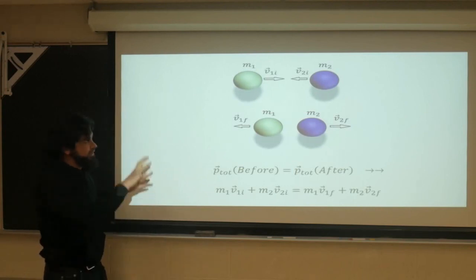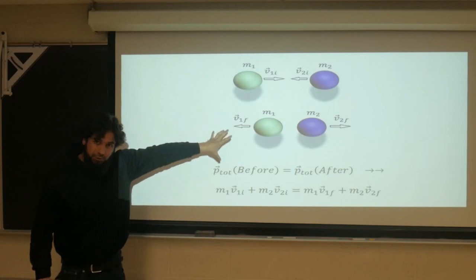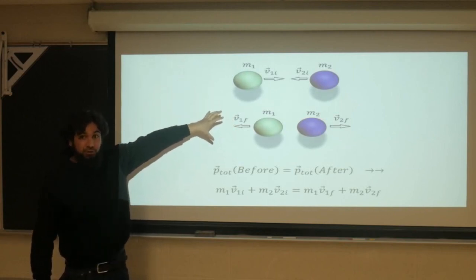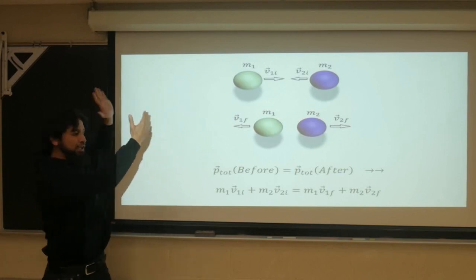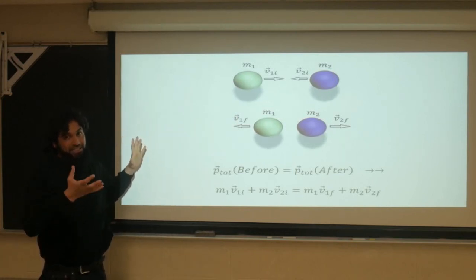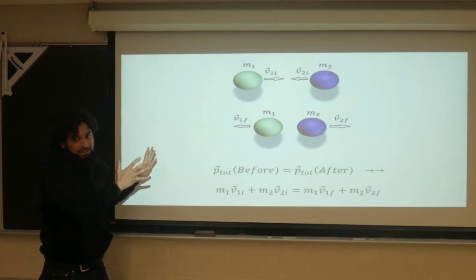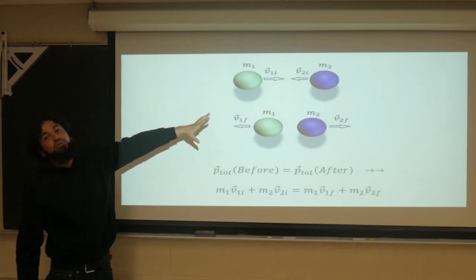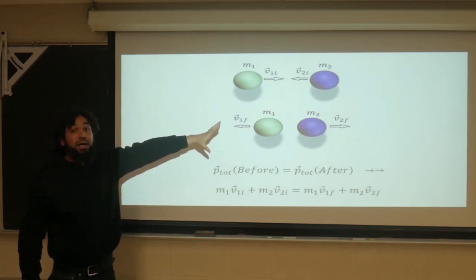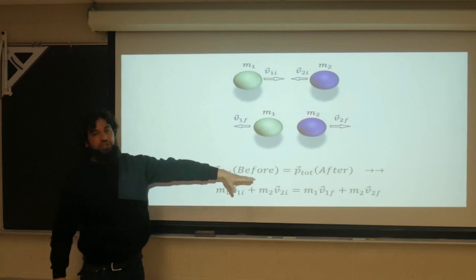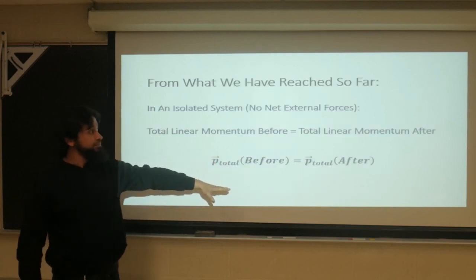So the total force on these two balls will be 0, and that means the change in the linear momentum of this system will be 0, and that means the momentum itself will be constant. So before the collision we have a value, after the collision we have another value, but it is the same. So the momentum before is equal to the momentum after in this case.